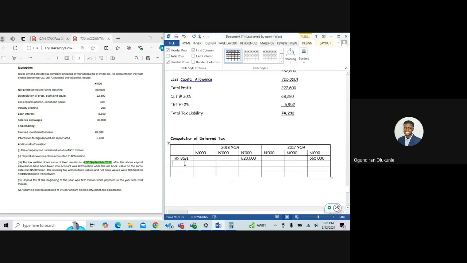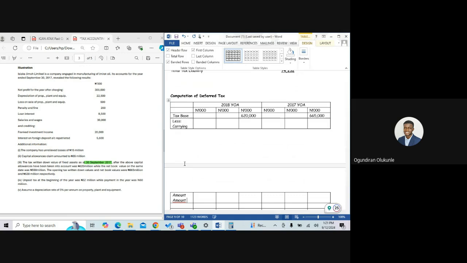Are we together? Then you have less carrying amount. Now the carrying amount is how much? We were told after the capital, the net book value was how much? 550,000. And don't forget, we said the carrying amount is same as net book value. Is that clear?